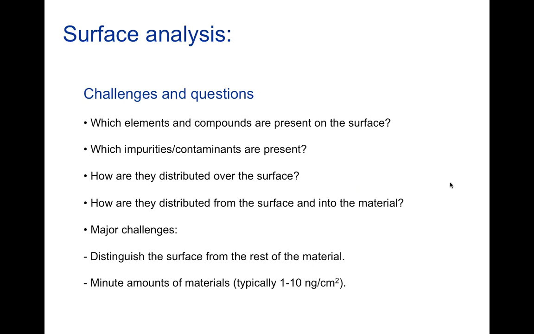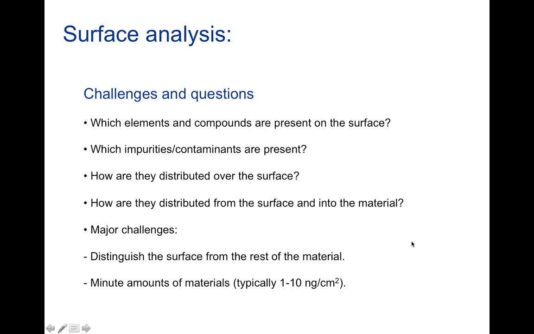So why do we do this? We want to see if the surface is different from the bulk. So in the surface analysis, we want to know what elements and compounds are on the surface, and if they are not there, what are these contaminants or impurities, and if they are distributed over the surface, and how, and if they go into the material.